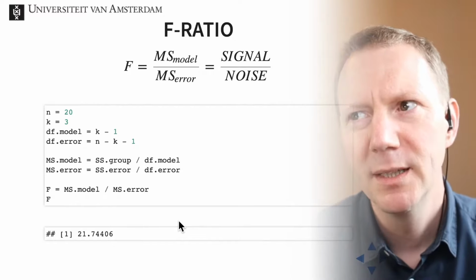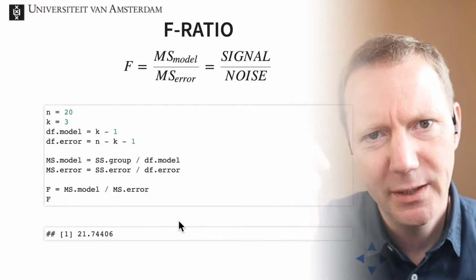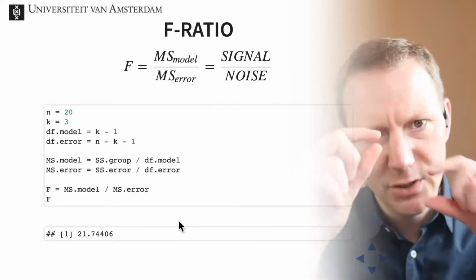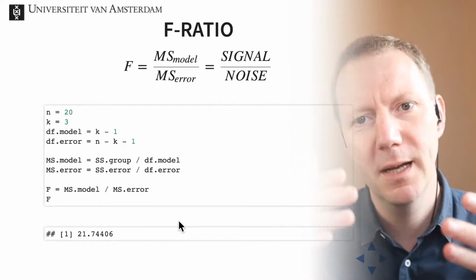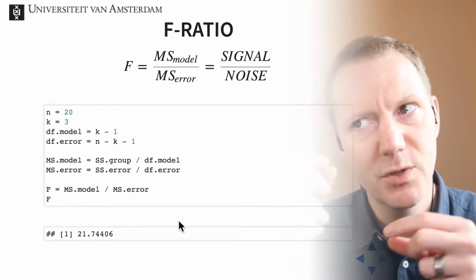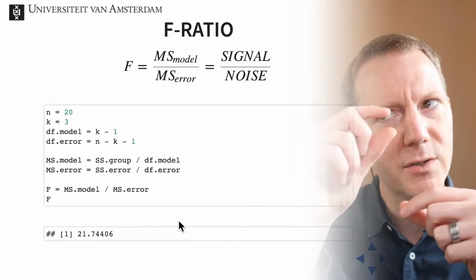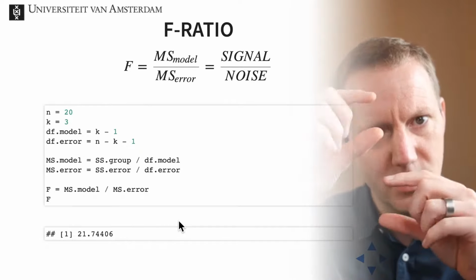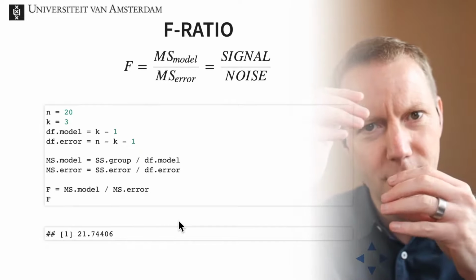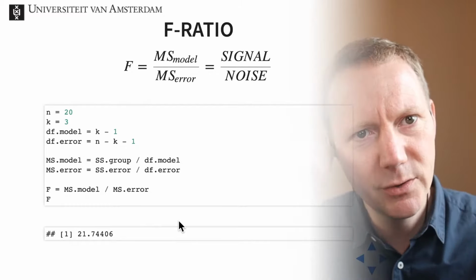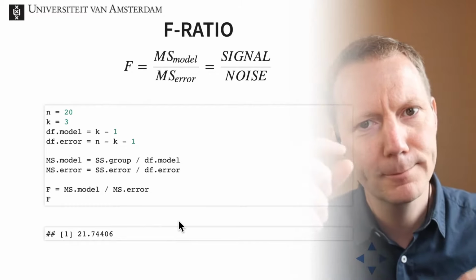No problem. So the F value is a signal to noise ratio. So we're stating that if there's more signal than noise, then it can be significant. So if there's equal amounts of signal to noise, because it's a ratio, it's a division, you're getting values close to 1, right?